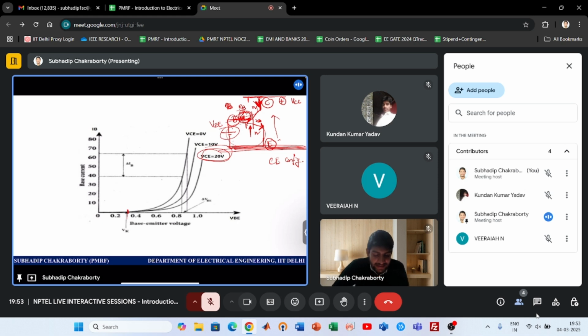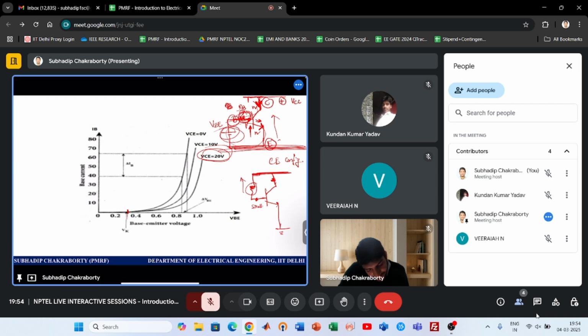Actually we don't apply two separate sources. We have the NPN transistor, and we apply a common source and use two different resistance values. Now this voltage will obviously be small, so you use a larger resistor and you apply it, and this is common. So this is how it is done.